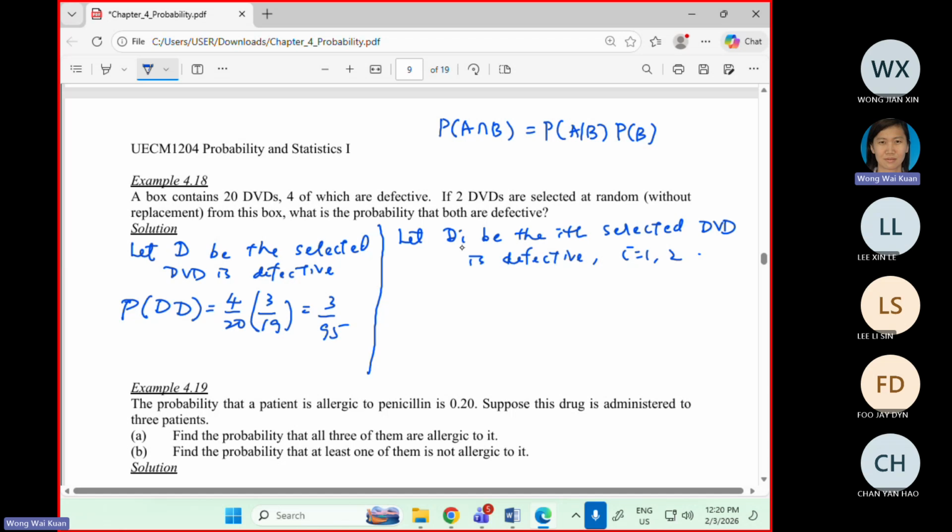So that means in the proper way, this probability is the probability that the first one is defective and the second one is defective. It must be my first one is defective, and then when the first one is defective, the second one is defective, right?